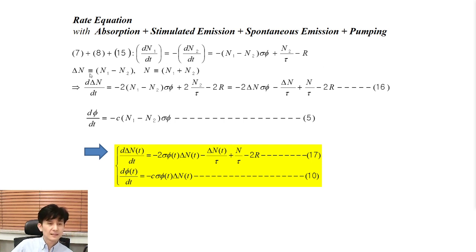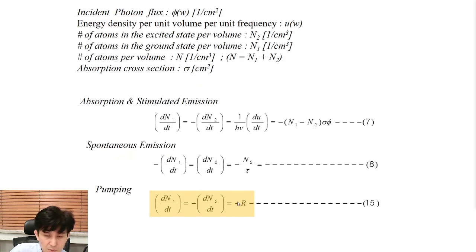And if we replace n1 and n2 with delta n and n, then we have the rate equation for delta n and phi as well. d phi over dt is all the same, because the pumping process does not add or decrease any photon numbers, and spontaneous emission does not add any photons in a certain direction, because as I mentioned, the emission direction is random, so it does not contribute to photons propagating in the z direction.